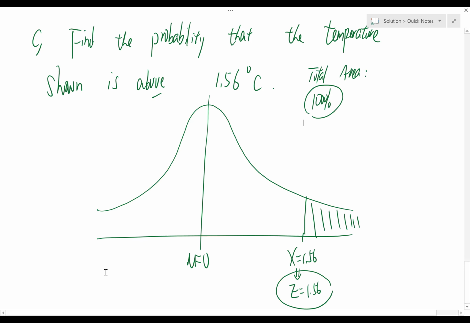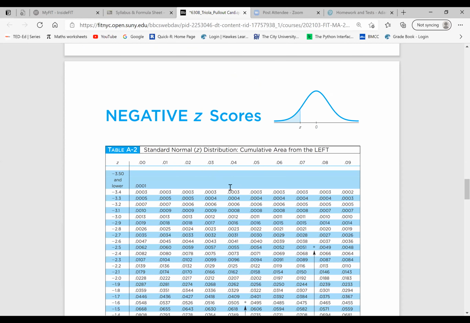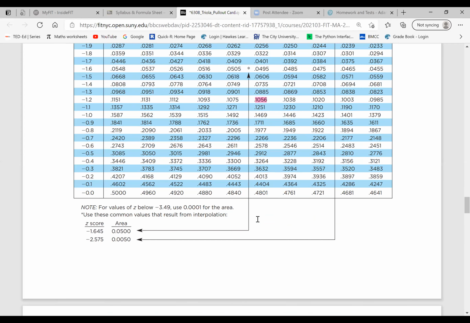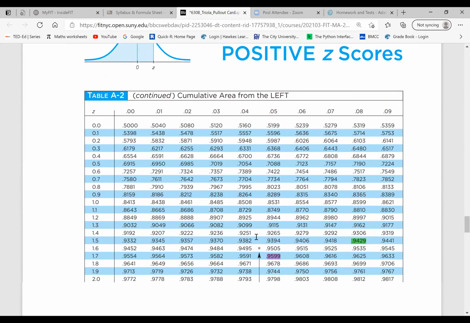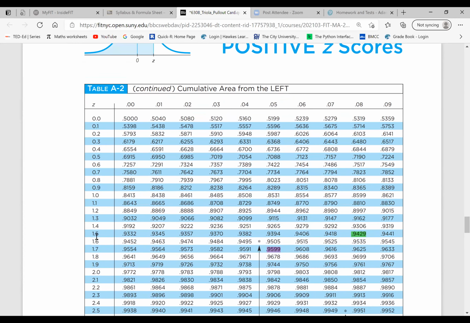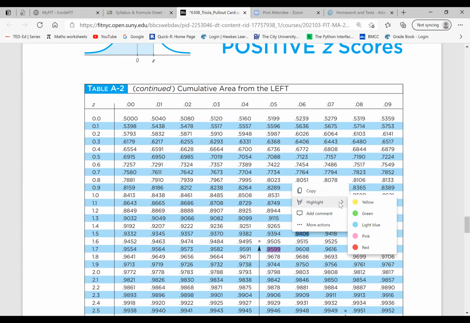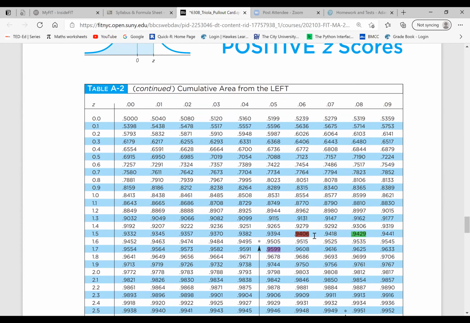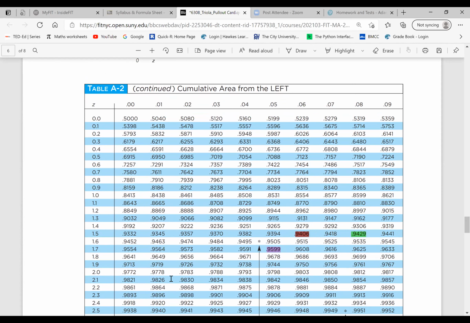Now still go to table A2. Look for 1.56. It's on the second page. 1.56, and the corresponding area is 0.9406. Here we go. So this 0.9406 is the area to the left.